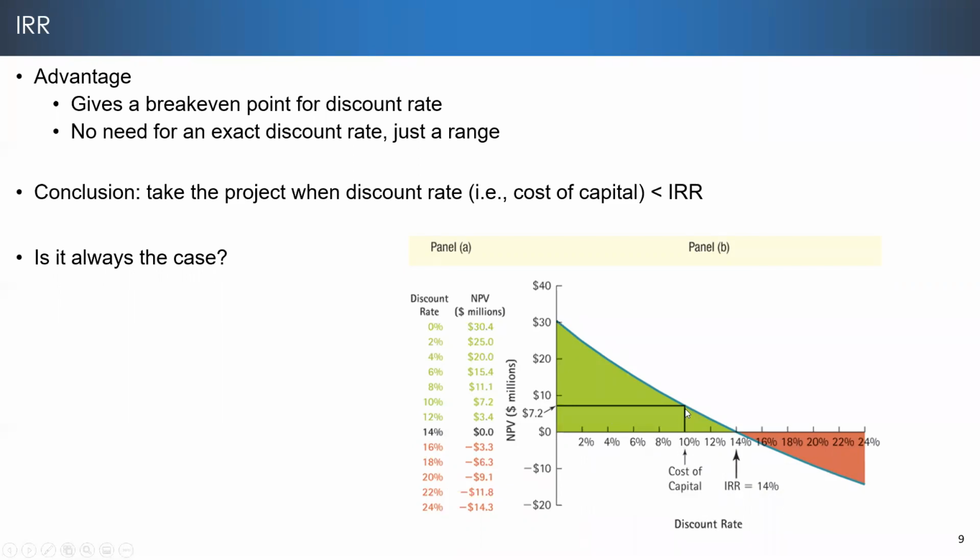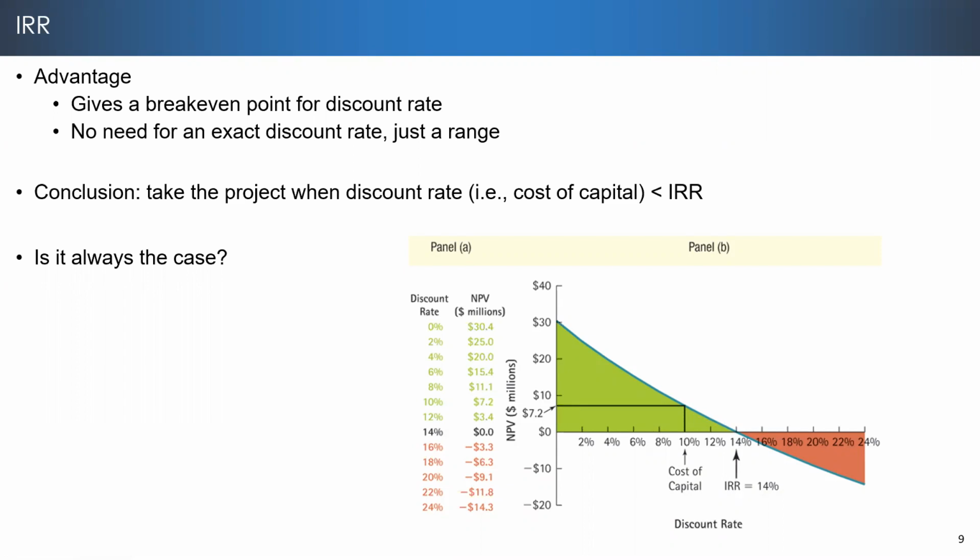If we have a discount rate of 10%, we're going to reach a net present value of 7.2. And if we increase our cost of capital, that will essentially make the present value of future cash flows smaller. Remember, our future cash flows are $28 million per year for the next 4 years. If we have a higher discount rate, the present value of this future $28 million will be smaller, because we discount them harder.